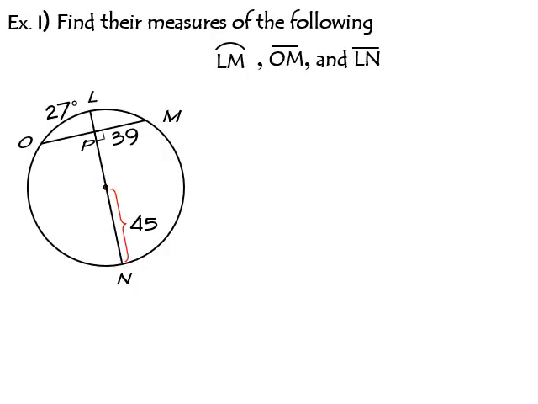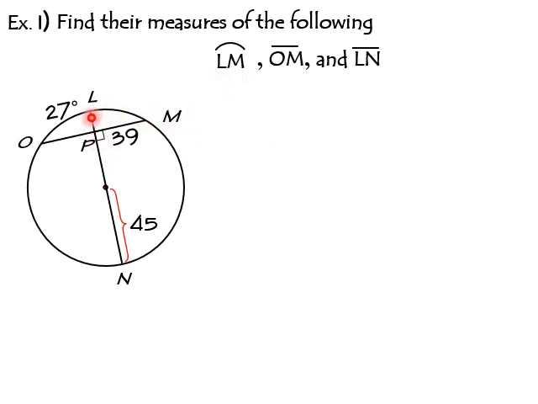Okay, let's take what we learned and apply it to example 1. Example 1 says, find the measure of the following: arc LM, line segment OM, which happens to be a chord, and line segment LN, which happens to be the diameter. Now let's take a look at the figure. Here it says we need to find arc LM.